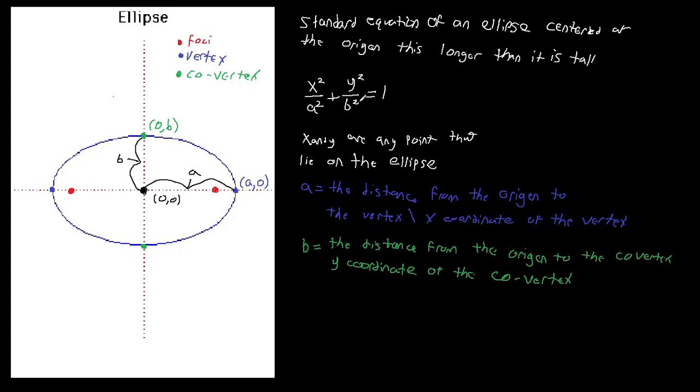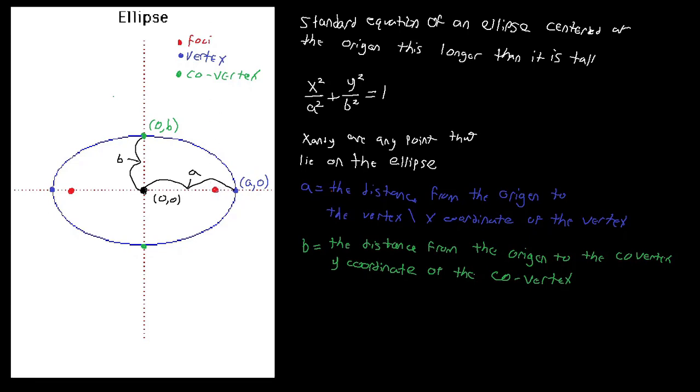Finally, one other point that we have is the foci. The foci, at least in the standard equation as we've written it right now, isn't actually presented. We've defined all the parameters here, but typically if you're not given the standard equation, you'll be given the coordinates of the vertex and the coordinates of the foci.